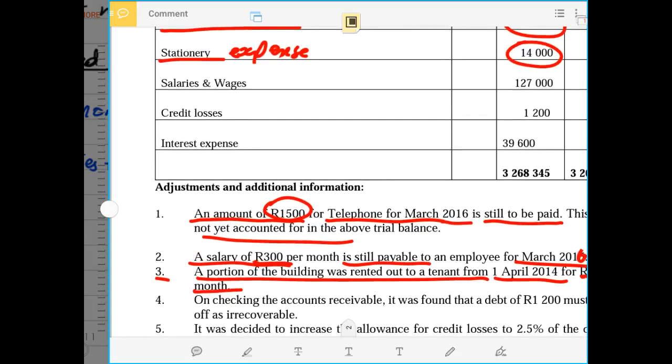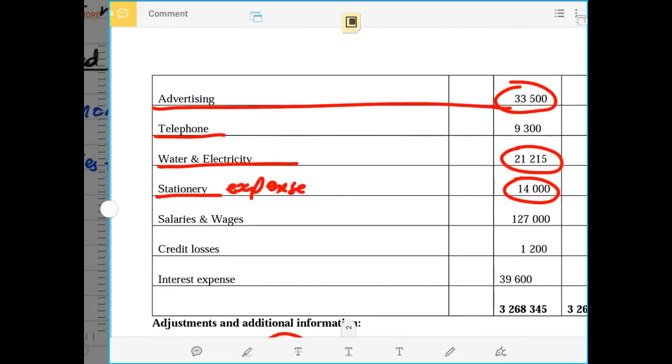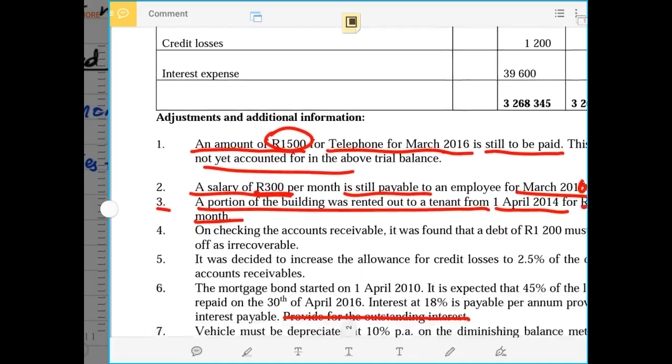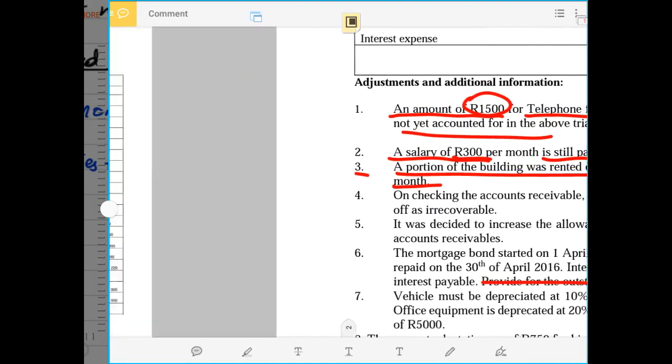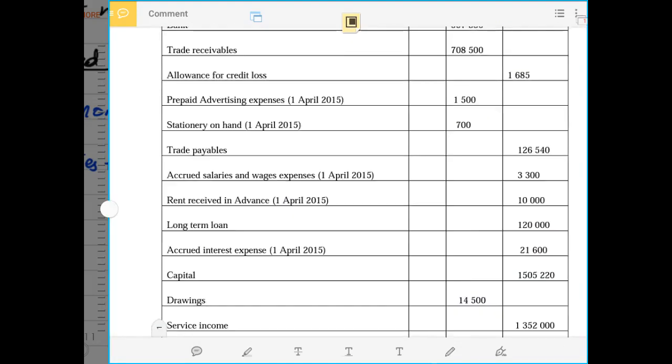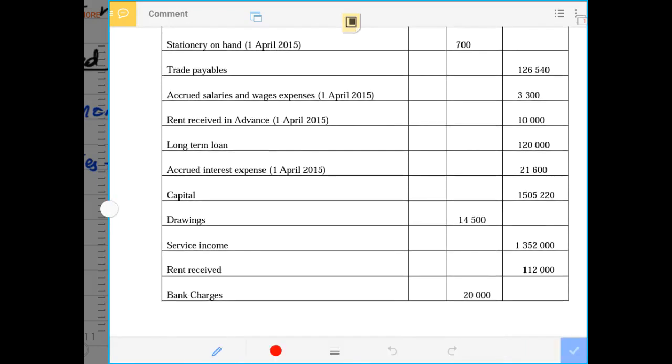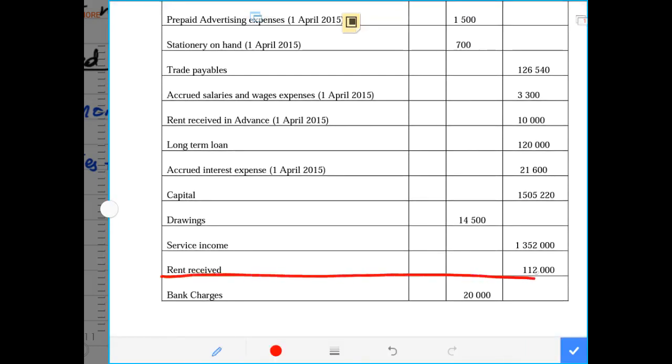This is very important because there was a rent that was received from last year. We need not be ignorant of that rent; we need to take it into account. There was a rent received in the current year, 112,000 rands, and there was a rent that was received last year for the current year, 10,000 rands.